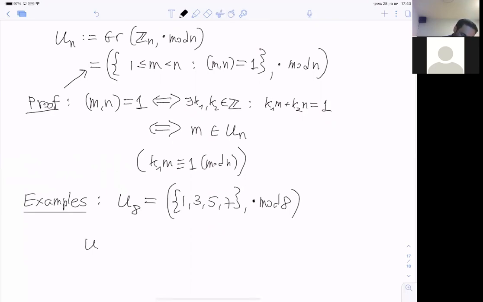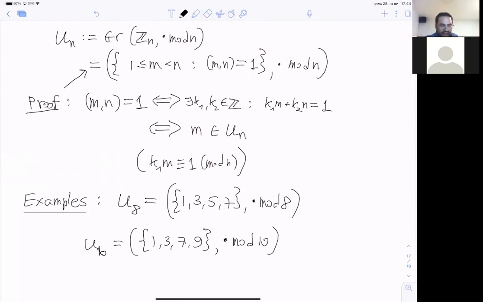And U10 is 1, 3, 7, and 9, multiplication modulo 10.